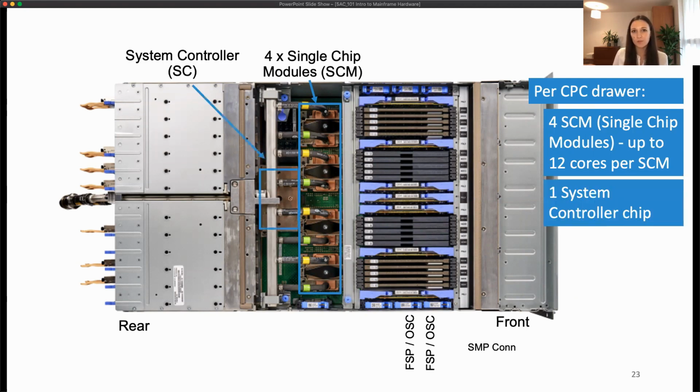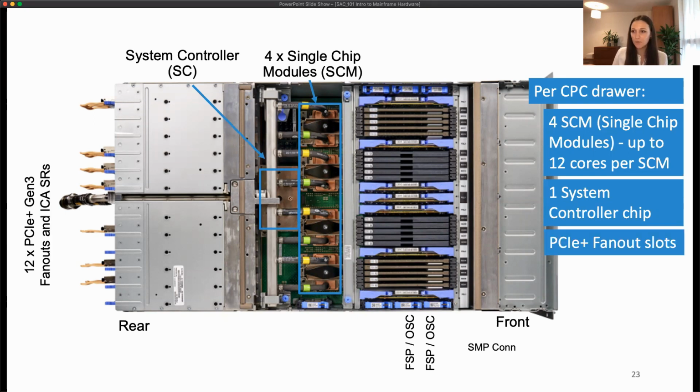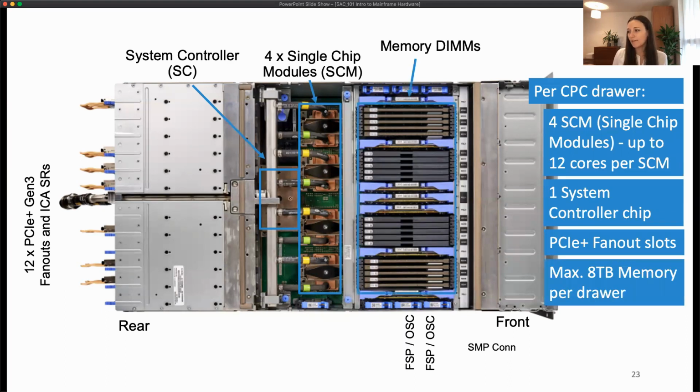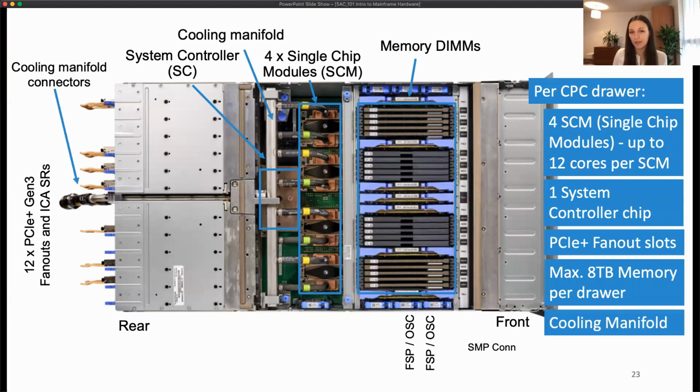Then we have one system controller chip, which is responsible for the communication between the single chip modules. Then we have the PCIe fan-out slots, which are there for the drawer connection, so the communication from one drawer to another, or the communication to the I/O. We have memory in each drawer, with a maximum of 8 terabytes of memory per drawer. And then there are also the cooling manifolds.